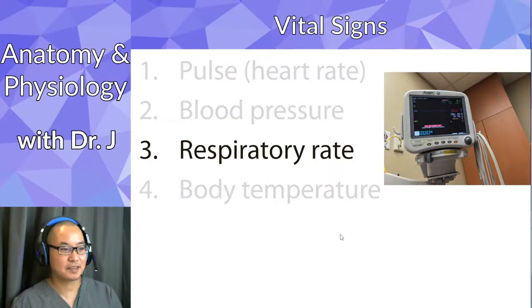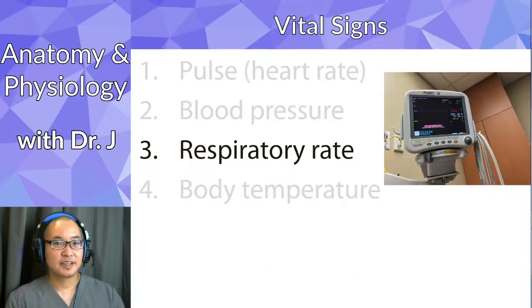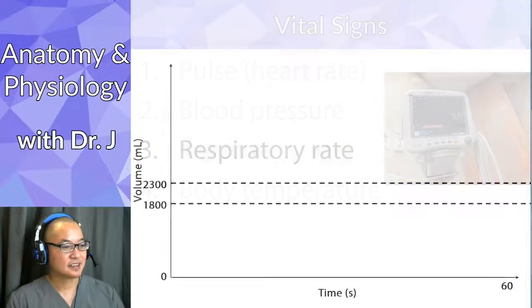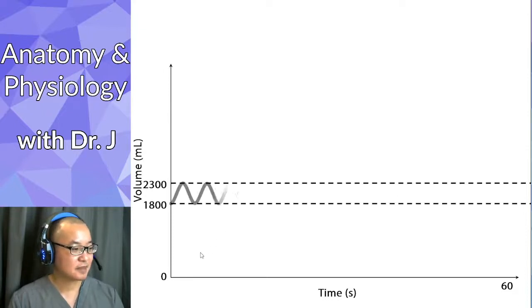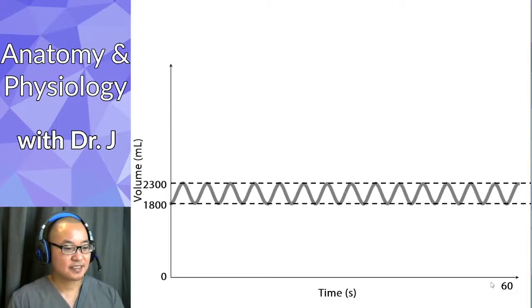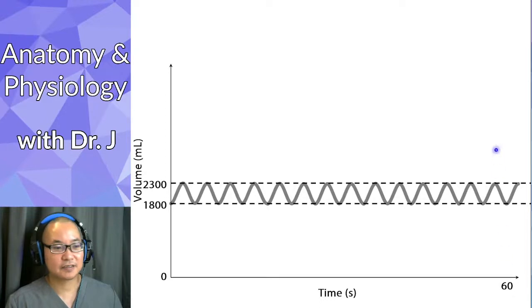But now let's talk about this vital sign. So how do you measure respiratory rate? Well, the way you measure it is just determine how many cycles of inhaling and exhaling happen. Inhaling and exhaling is some change in your lung volume, so spirometry can measure respiratory rate. So here we have a sample spirogram, and say we take this minute mark over here and measure the number of breathing cycles we see in 1 minute.